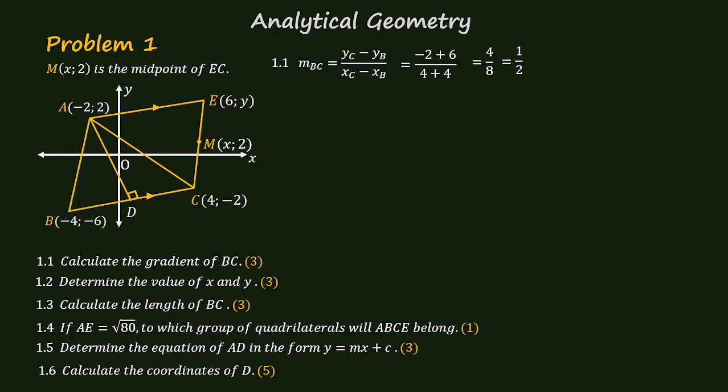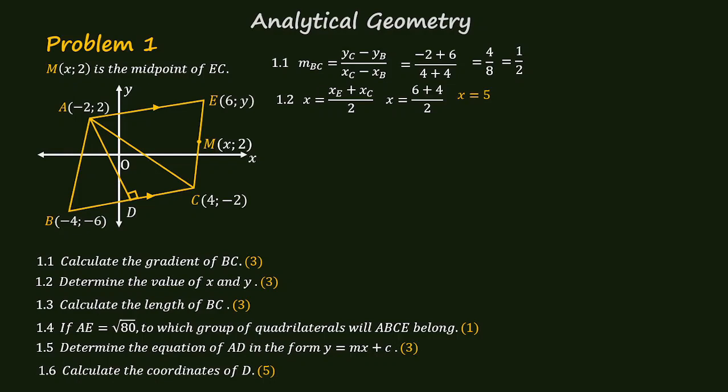To find the x value of the midpoint, we simply find the average of these two. If we take the x at E plus the x at C, and then divide by 2, they should give us this value here. So the x value of the midpoint M is given by the average of the x value at E and the x value at C, and we already have these two. If we substitute, we find that the x value is 5.